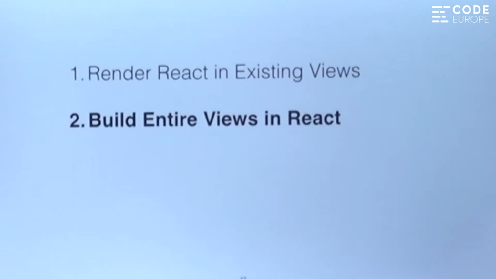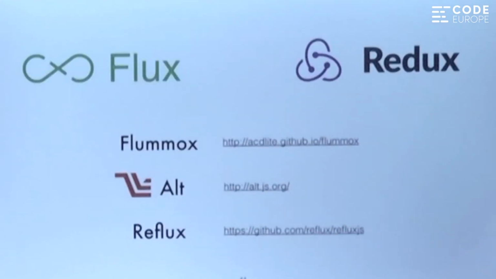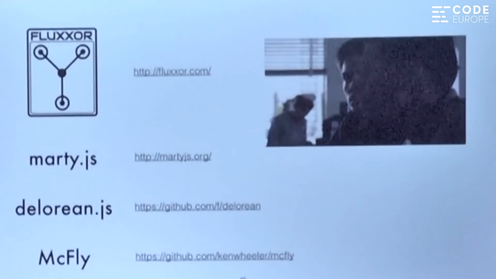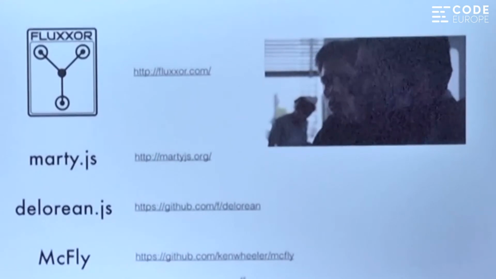The second thing we wanted to look at was how do we build entire views in React. At this point, you're going to start considering the data management tools that are out there, the ones recommended by React, obviously Flux, and you've got stuff like Redux. There's a whole host of other ones, including a load which use every reference to Back to the Future possible.